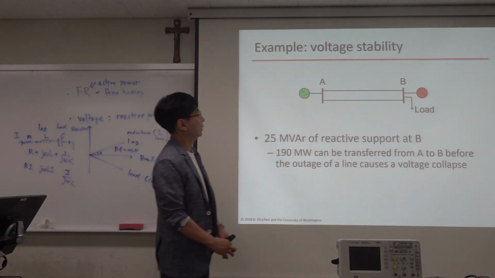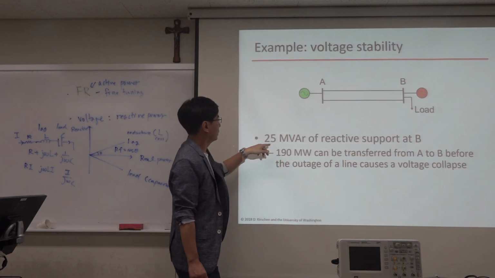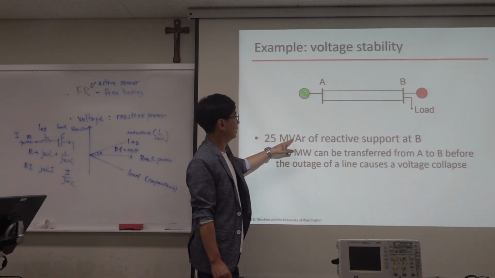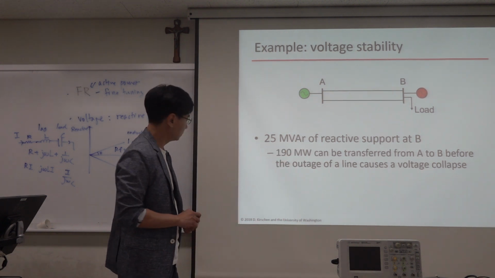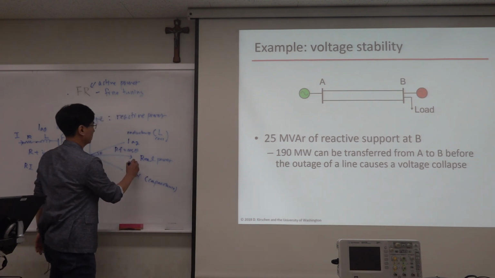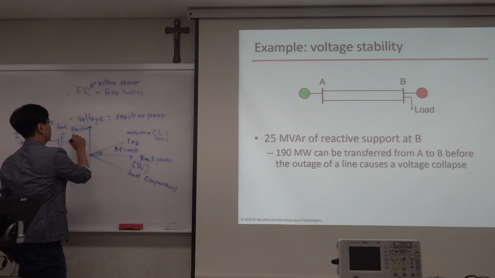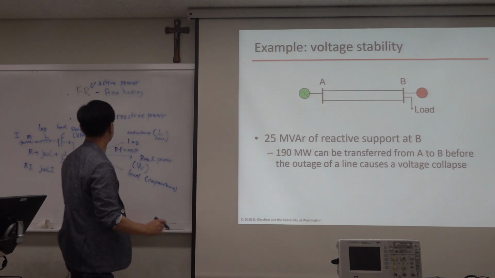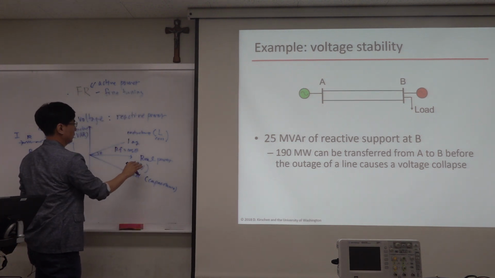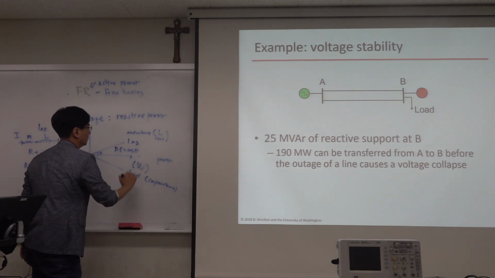But if this generator can provide 25 megavar, so this is watt. Reactive power is var. And so active power or real power, active power, reactive power.